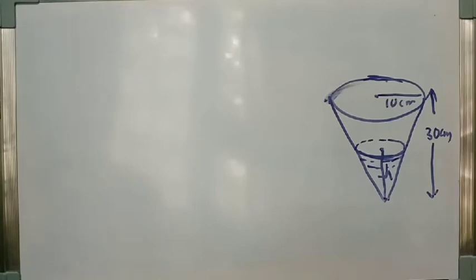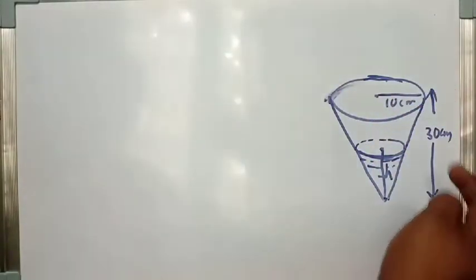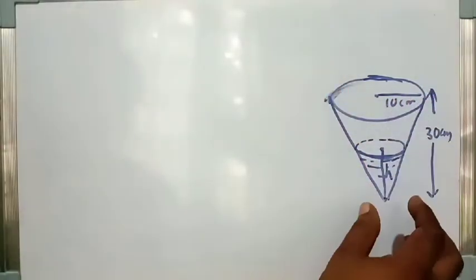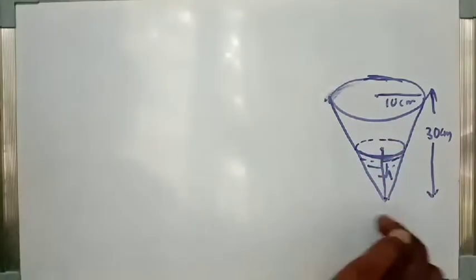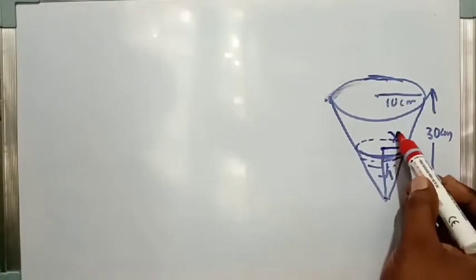Water leaks out of the cone through a small hole at the vertex at a rate of 4 cm cube per second. So here you can find a cone of height 30 cm and radius 10 cm. Now in this cone you could find a water level of height h centimeter, and we do not know the radius. Let it be r.